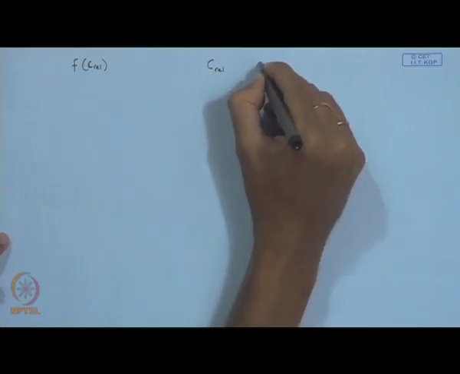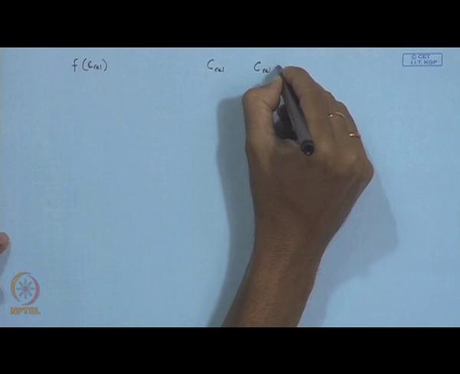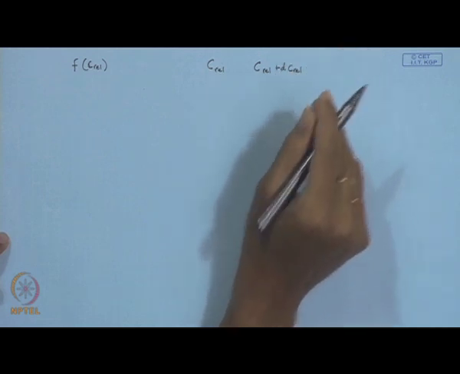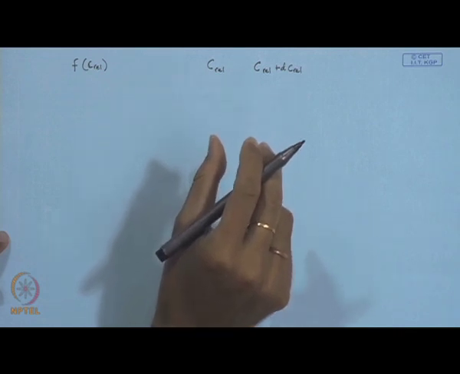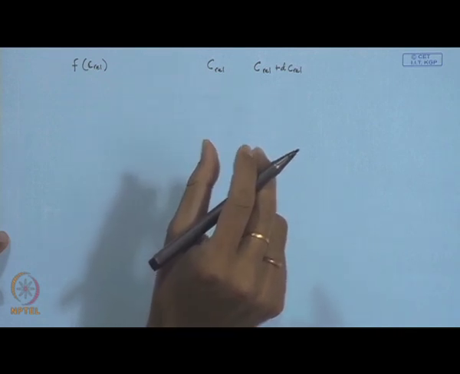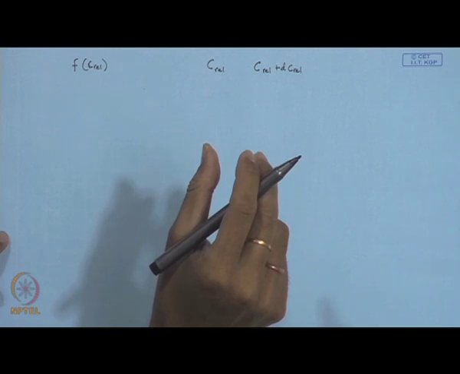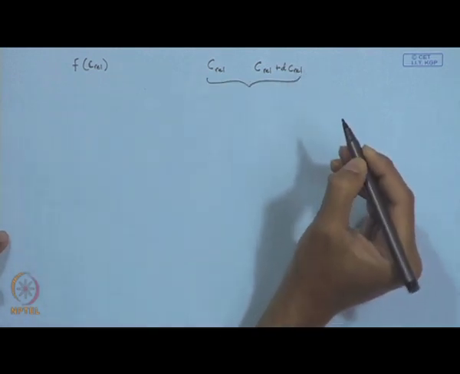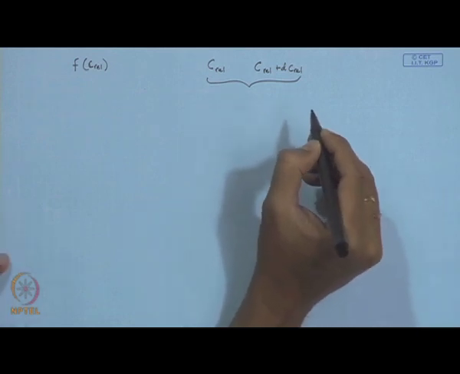That is, c relative and c relative plus dc relative. We just would like to know what is the fraction of molecules, or what is the fraction of collisions in this relative speed range, that we wanted to know.